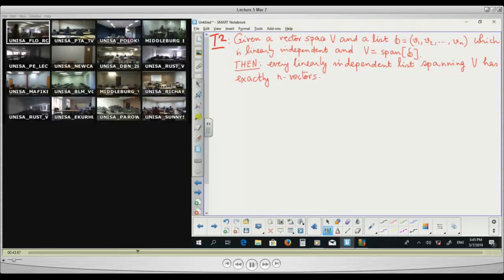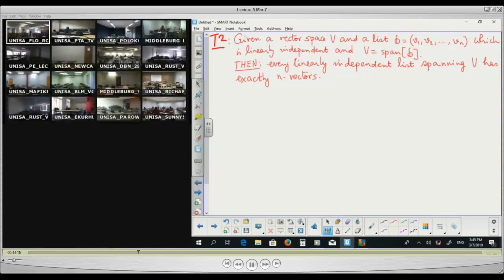So that number 20, or this number n, is something very, very special about that particular vector space. Okay? It is independent of the choice of this linearly independent subset spanning it.